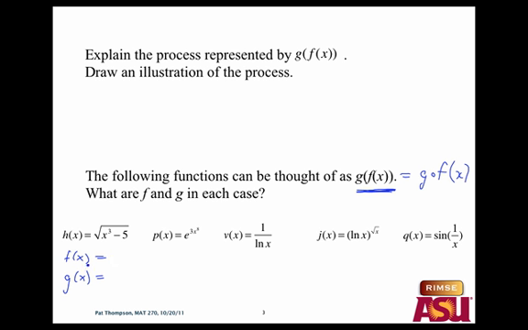What output f of x is then the input into something, g, so that we get this result? Well, here we can think of that as the input into square root. So we can think of the f(x), the interior function, as x cubed minus 5. To get h of x, that output of f then becomes the input into square root of x.